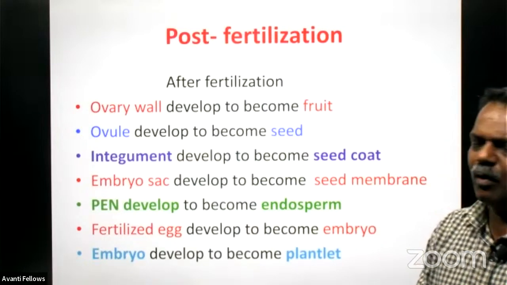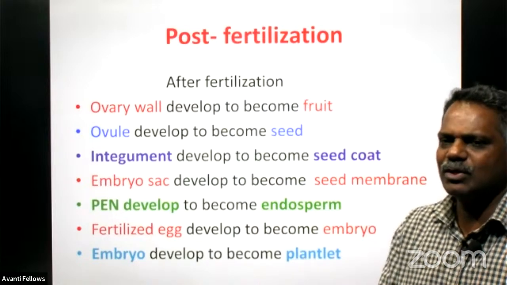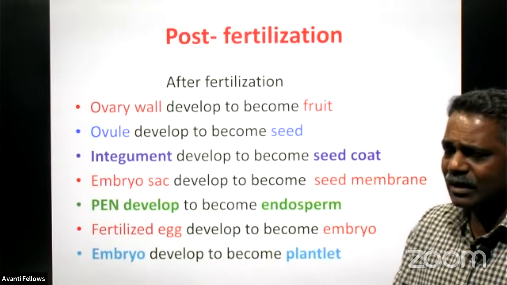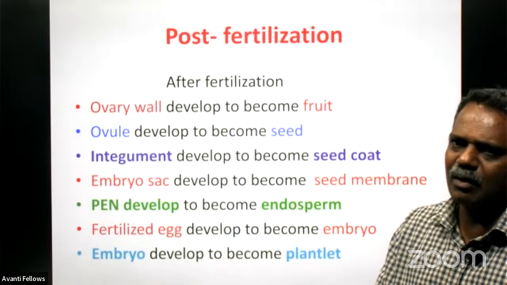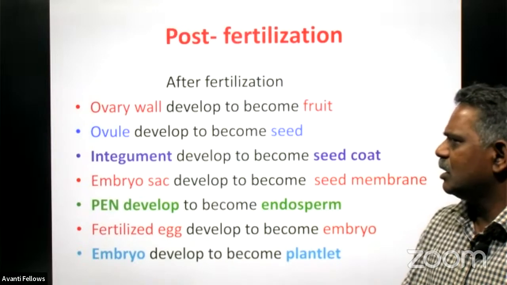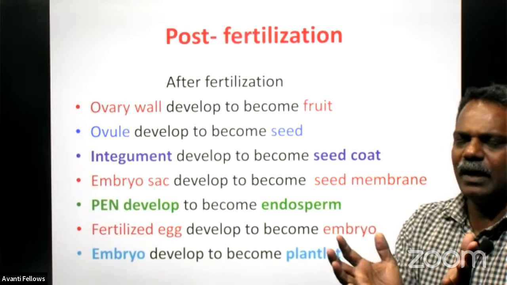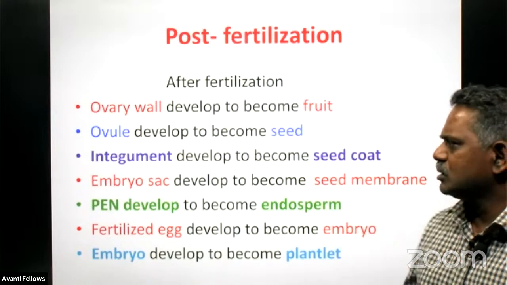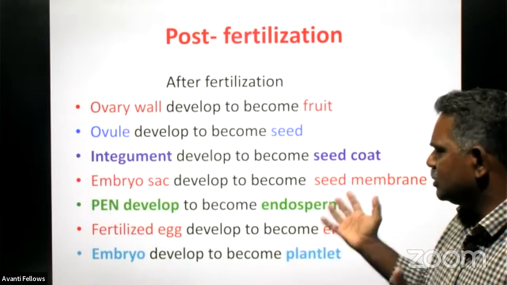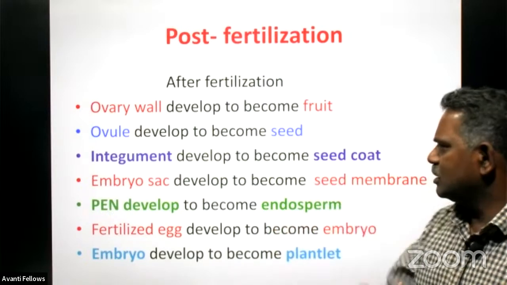Once again, the wall of the ovary gets thickened and becomes more fleshy, and that develops to become the fruit. Many ovules will be there inside the ovary, and every ovule present in the ovary develops to become a seed after fertilization. Every ovule has a one or two layered protective structure called the integument, and that covers the seed. It is very hard and impermeable even to water, and we call it the seed coat.